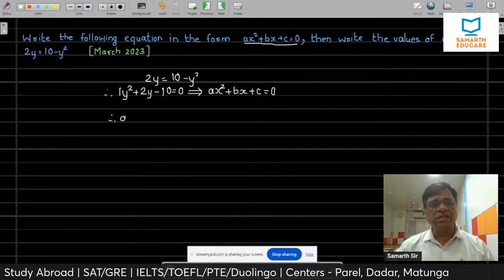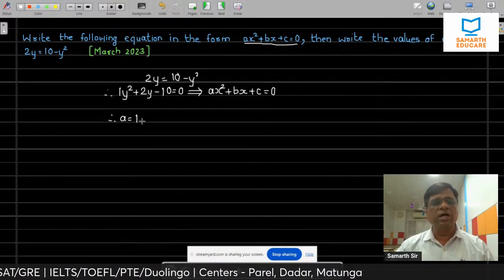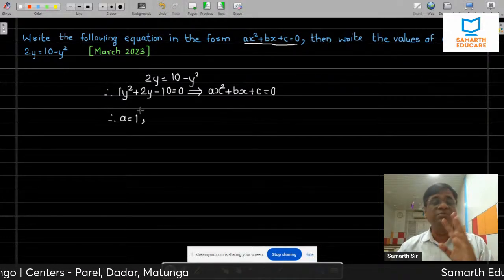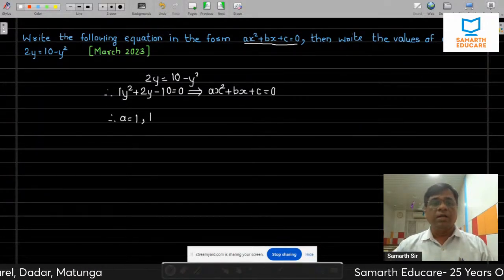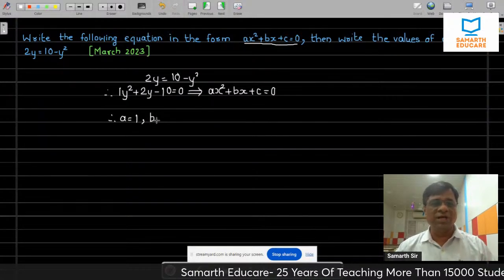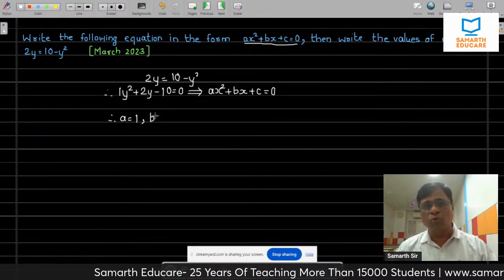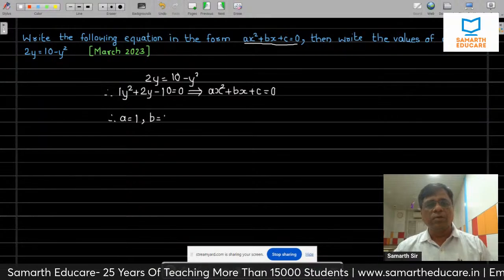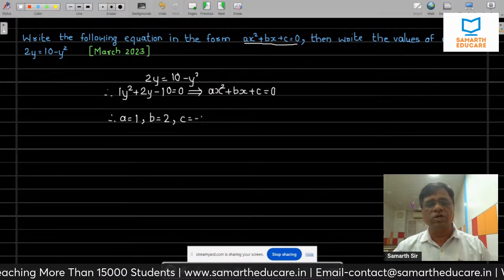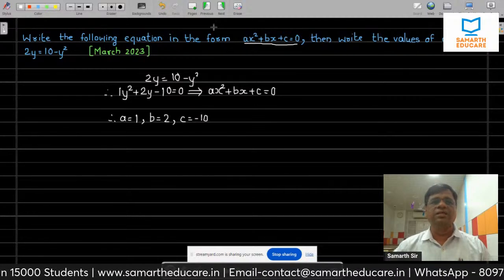Hence the value of a here is 1. If nothing is written but the term is still there, that means 1. If the term itself is not there, then it means 0, and if there is some term, it means 1. Okay, b is equal to 2 and the constant term c, which we can see, is equal to -10.